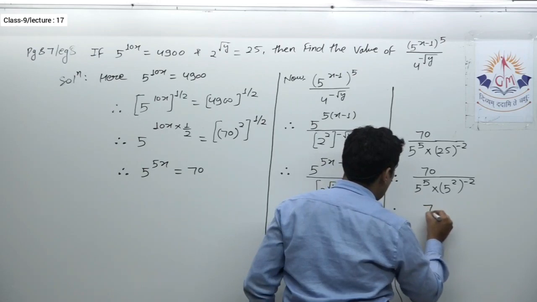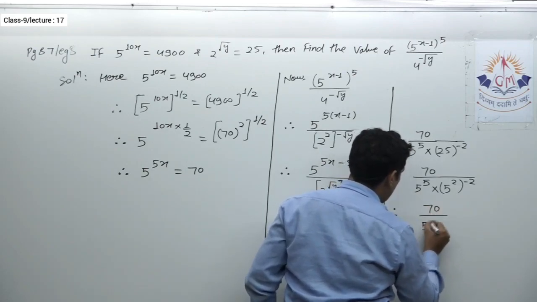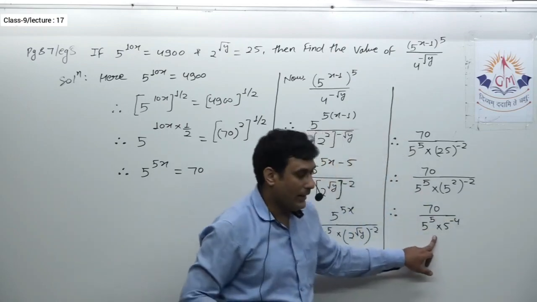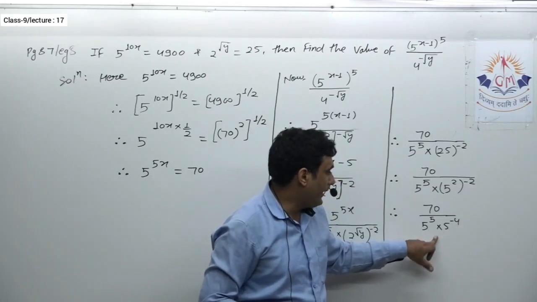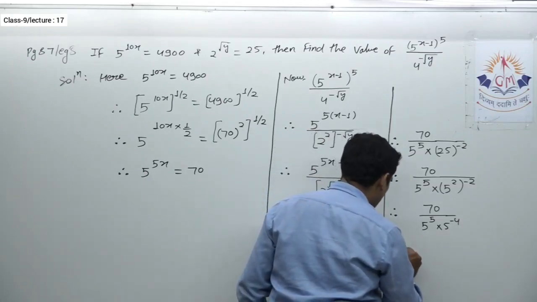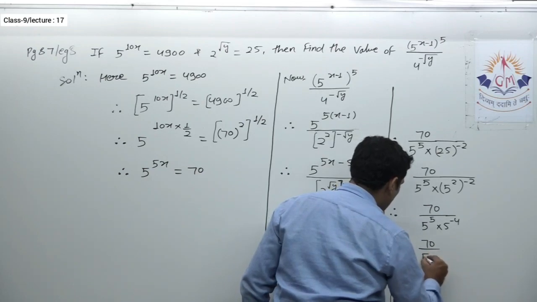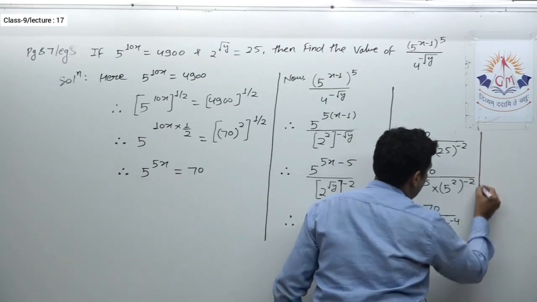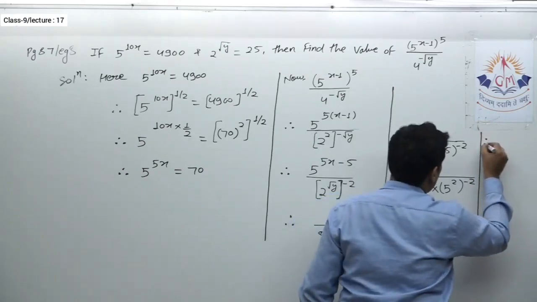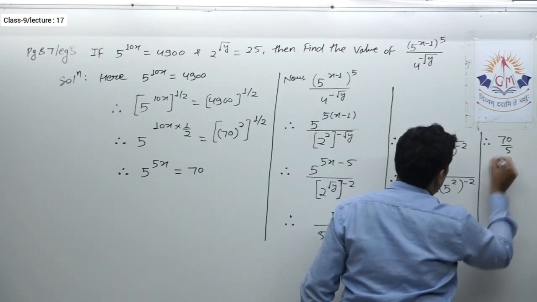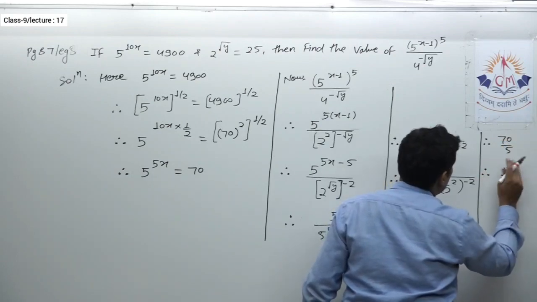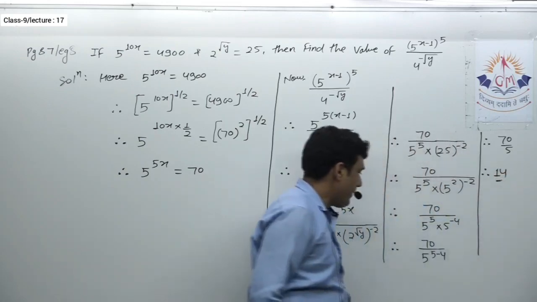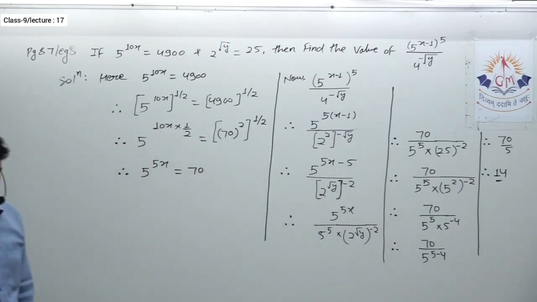So this becomes 70 upon 5 raised to 5 multiplied by 5 raised to minus 4. Now if I apply the product law, I write 70 upon 5 raised to 5 minus 4. So this is almost done. Therefore 70 upon 5 is equal to 14. This is my final answer. Please note it down.